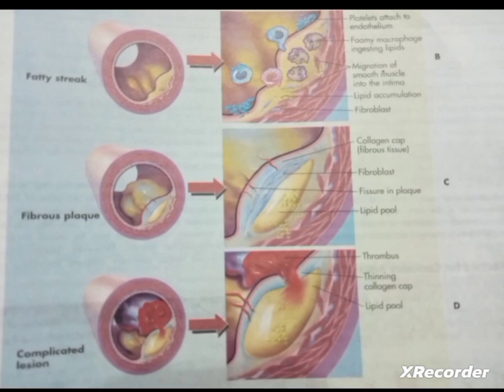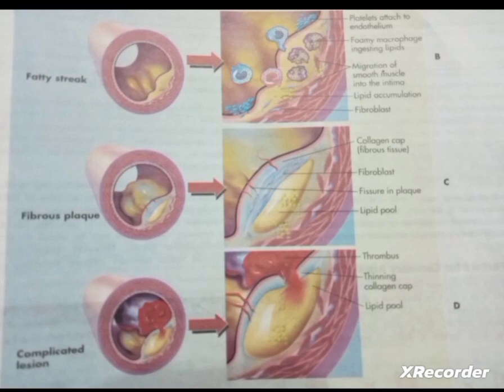Next is the fibrous plaque. In the fibrous plaque, it is the beginning of progressive changes in the endothelium of the arterial wall. Here the endothelial layer of the arterial wall progressively changes.